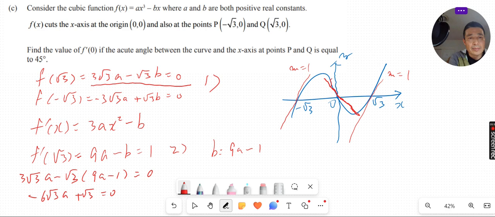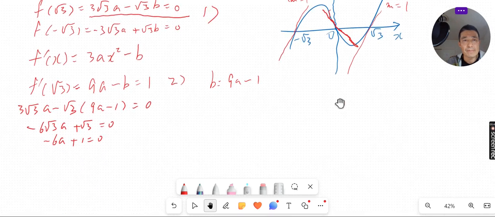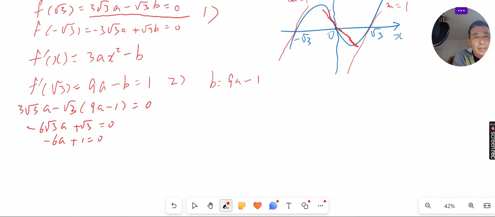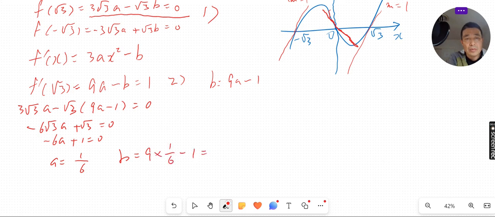So I can divide by square root of 3 on both sides, which leaves negative 6a plus 1 equals 0. So this means a is 1 over 6, isn't it? Knowing that a is 1 over 6, b must be 9 times 1 over 6 minus 1, which is 3 halves minus 1, which is 2 halves minus 1 half, so it's a half. Okay.